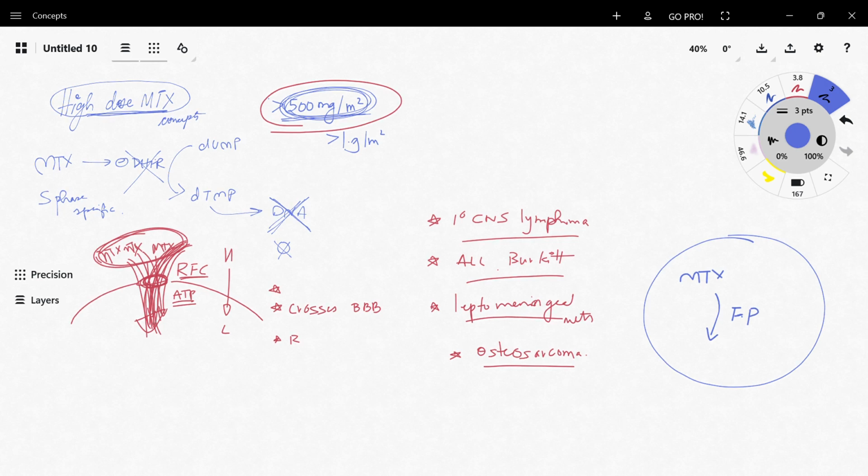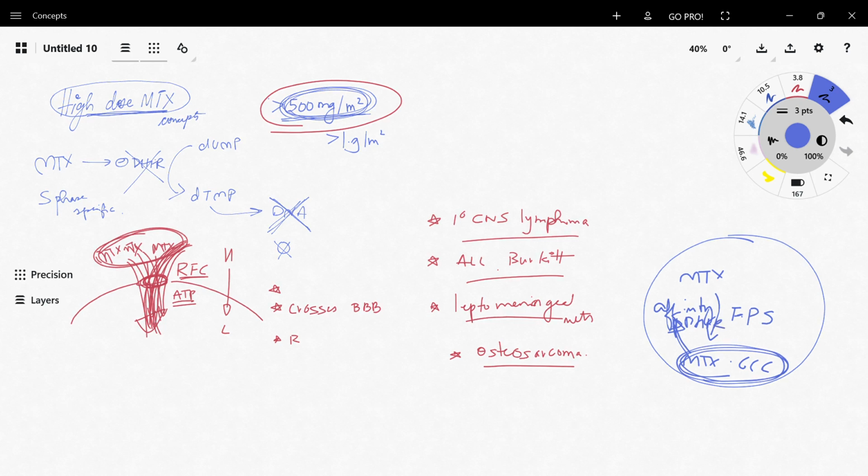This enzyme polyglutamates methotrexate and makes it bulky and sticky, and this actually increases methotrexate's affinity for dihydrofolate reductase, right?